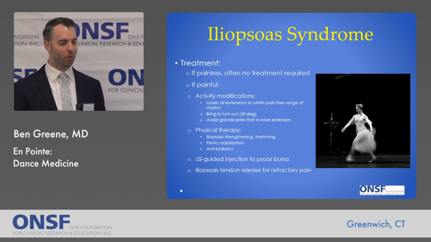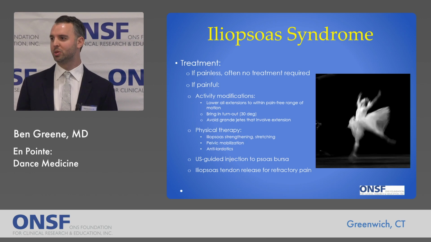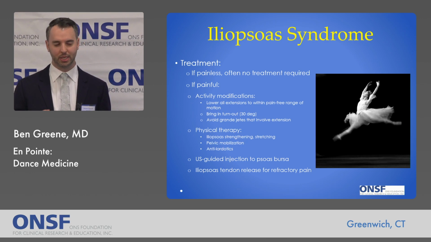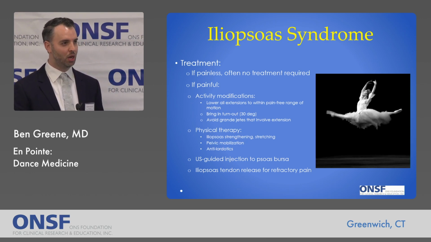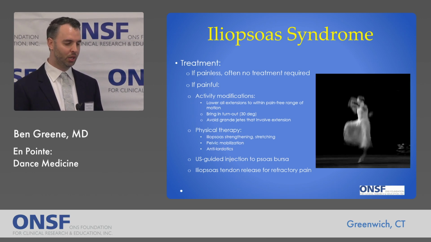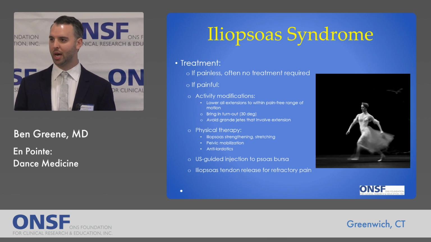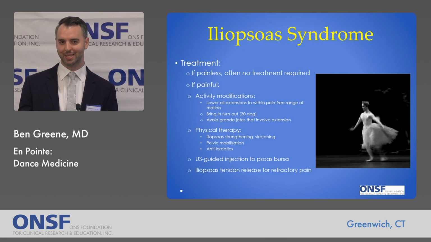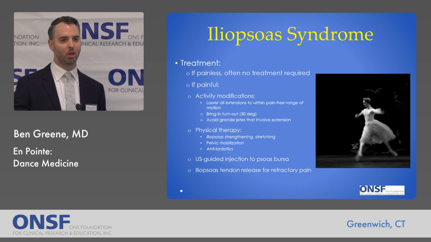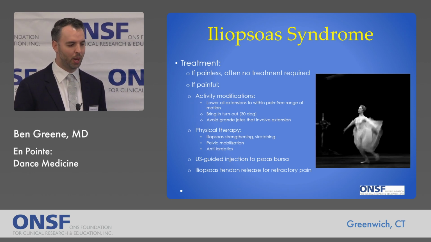PT, again, paramount. The tried and true method that I have found to be most effective for iliopsoas syndrome is this trifecta of treatment that involves stretching and strengthening the iliopsoas, pelvic mobilization, and then anti-lordotics, so working on reducing that exaggerated lordotic curvature of the lumbar spine that results because of this tightness of the iliopsoas.